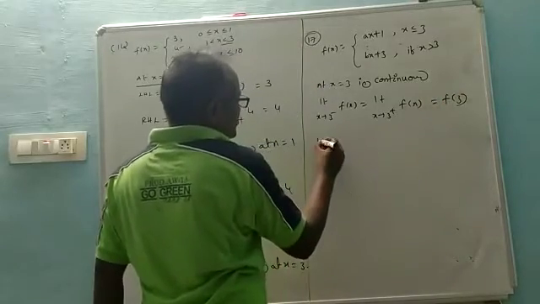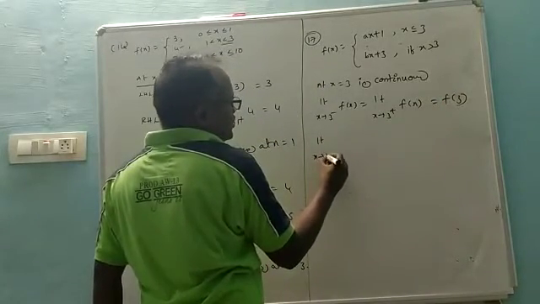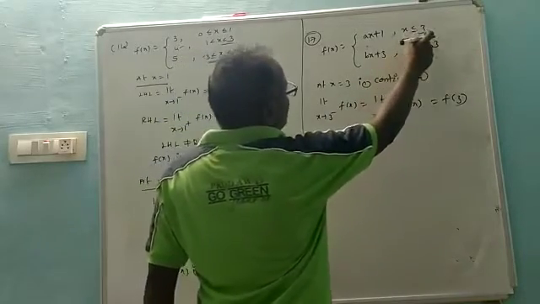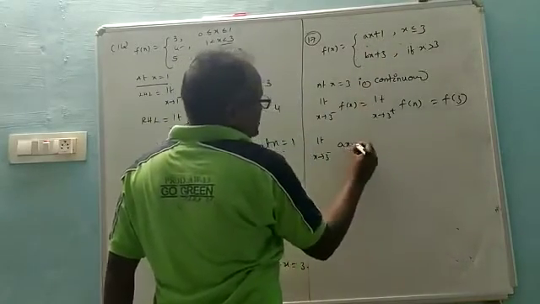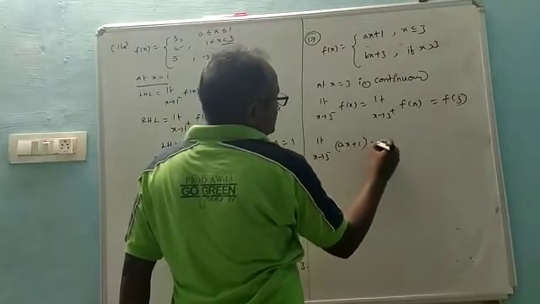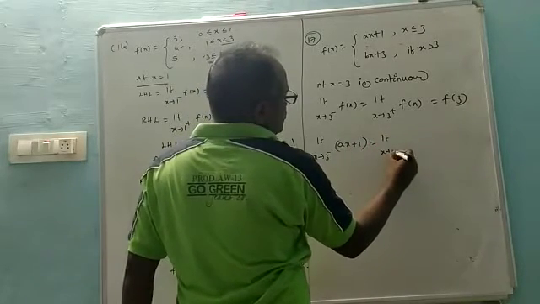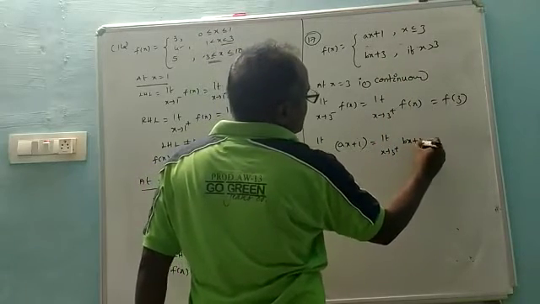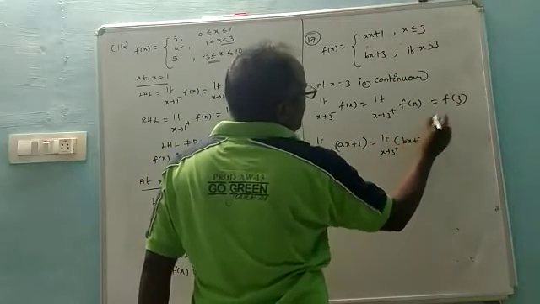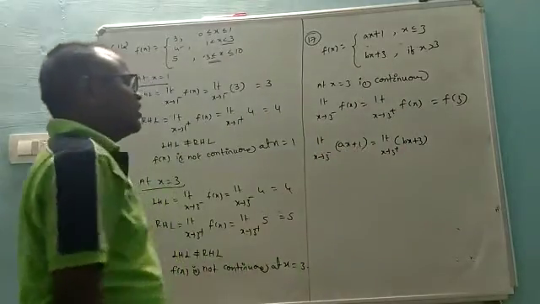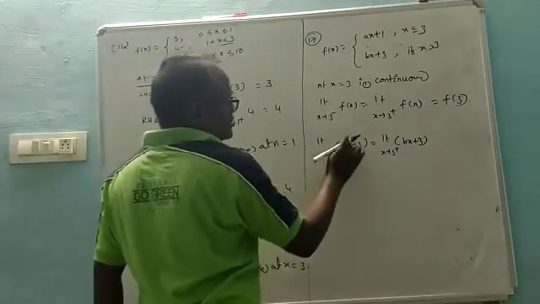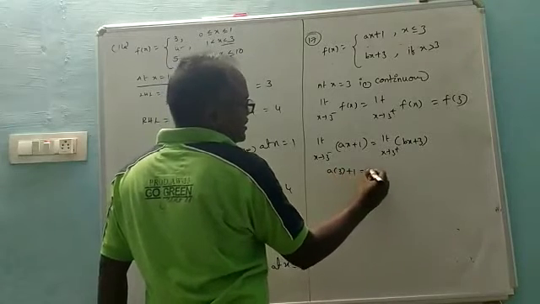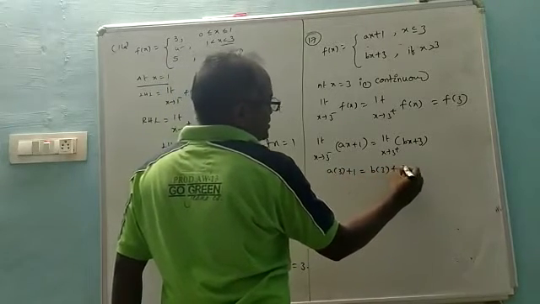So if you take limit x tends to 3 minus f of x, 3 minus means less than, means ax plus 1, is equal to limit x tends to 3 plus, means greater than, bx plus 3. If f of 3, you take it, or otherwise you take it as it is only, no problem. Substitute x is equal to 3. A into 3 plus 1 is equal to b into 3 plus 3.